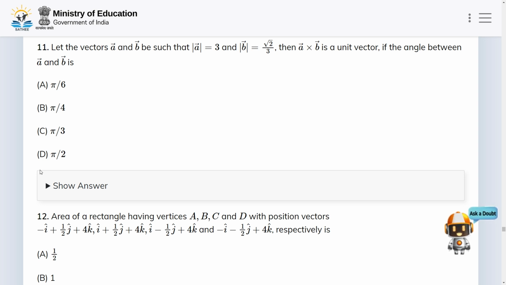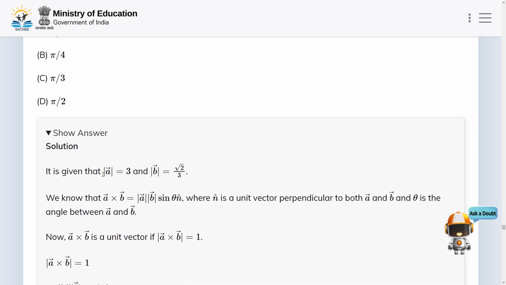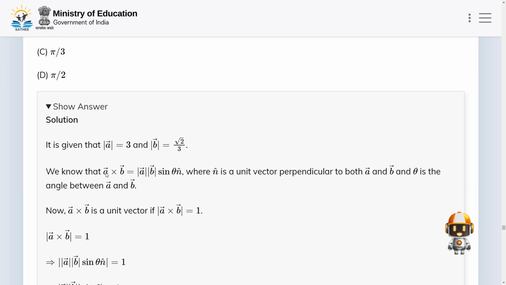So you know the formula. What formula? A cross B is equal to the magnitude of A multiplied by the magnitude of B multiplied by sine theta n cap, where n cap is your unit vector perpendicular to both A and B. Clear?